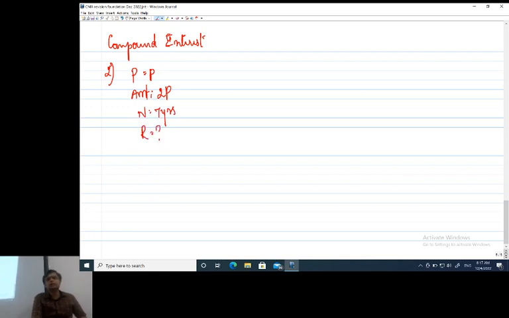Rate is what I need to find. For compound interest, what is the base formula? It is amount, not interest. So substitute the amount directly. 2P equals P into 1 plus R by 100, compounded annually. So, T is 1. Okay? The whole power 7 into 1.